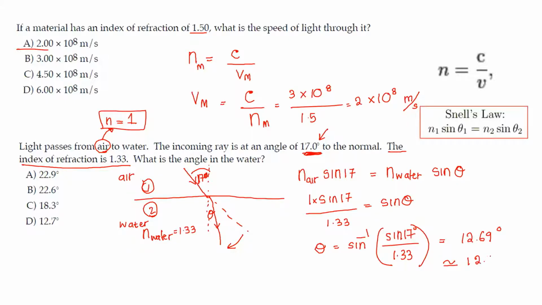So the closest thing is this answer. Since all these answers have an angle greater than 17, even if you knew that when it goes from a lighter medium to a denser medium it gets closer, you should know the angle you get should be less than 17.